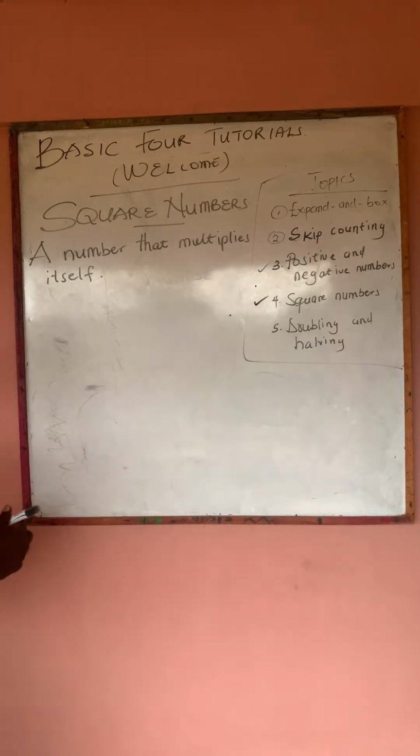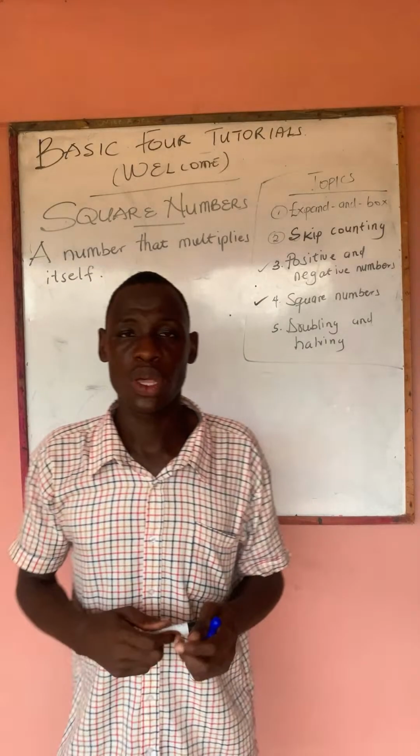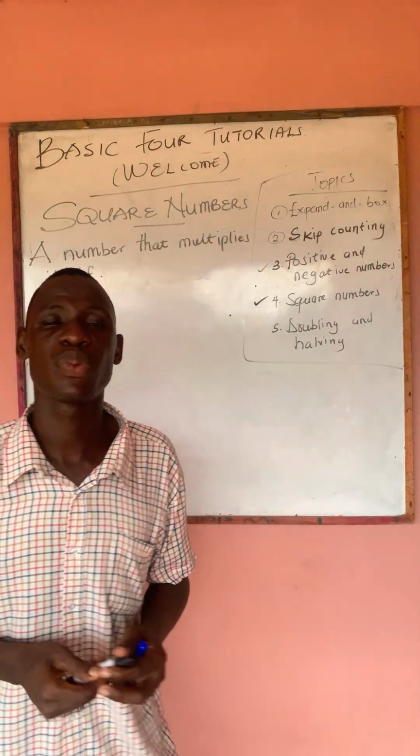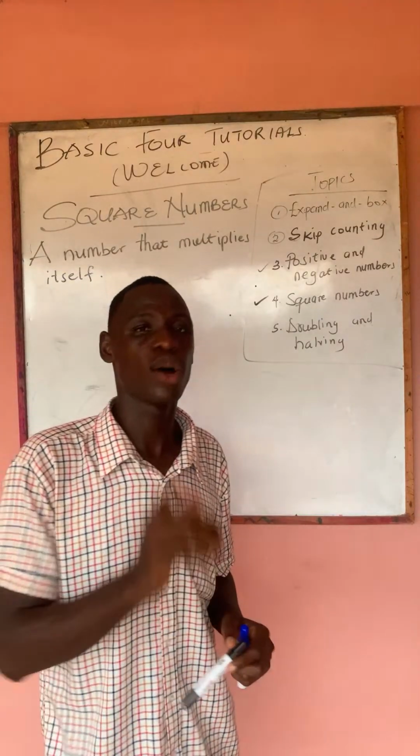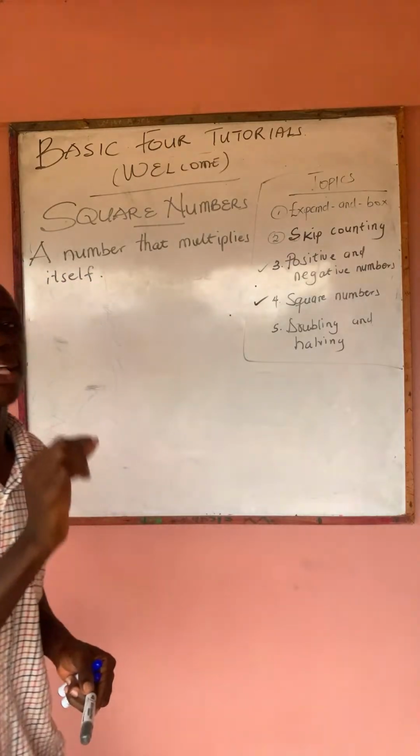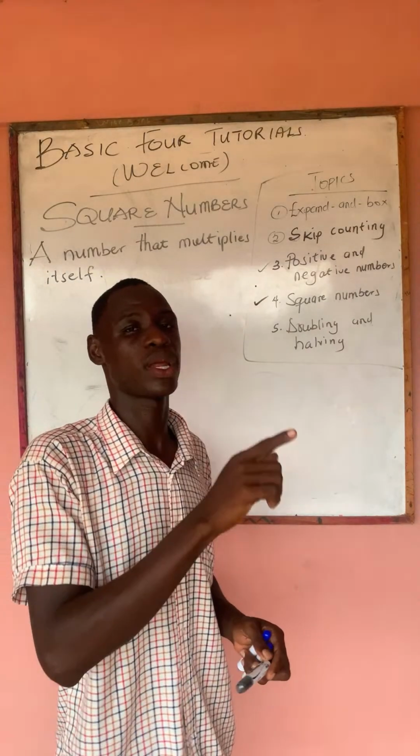Now notice that if a number is squared, the square is represented by a small 2 written at the top right corner of the number. Okay. A small 2 that is written at the top right corner of the number.